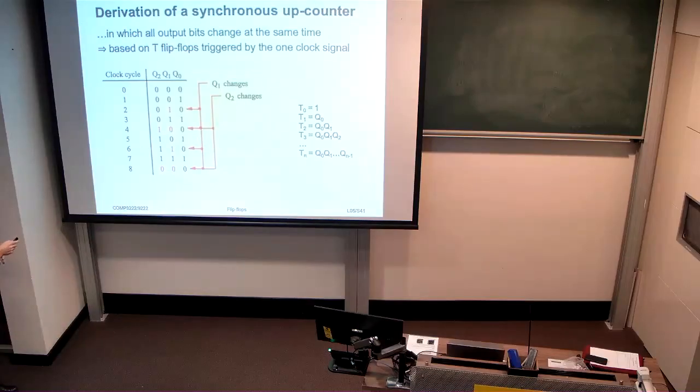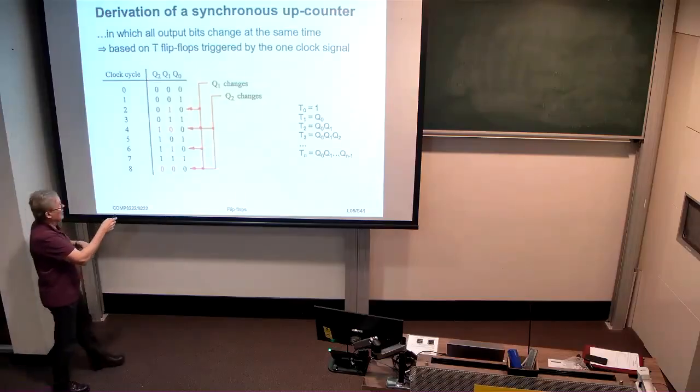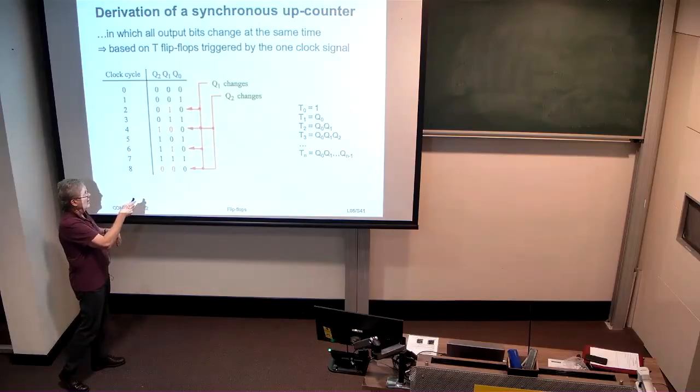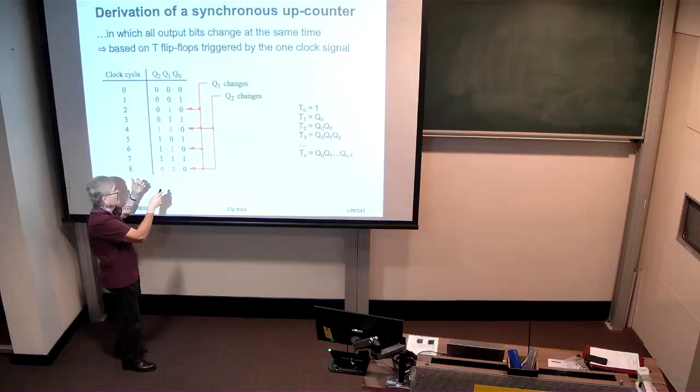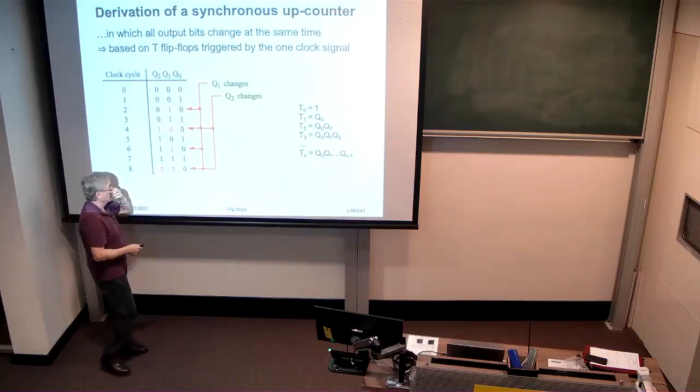So if we count up from 0 to 7, as is done in this counter, we see that Q1 changes from 0 to 1 here, and from 1 to 0 here, and from 0 to 1 here, whenever Q0 is asserted. So if we used Q0 as the T1 input, when we get an active clock edge, that would mean that we would change state. So the Q0 being 1, being an active T1 input, forces a change here from 1 to 0.